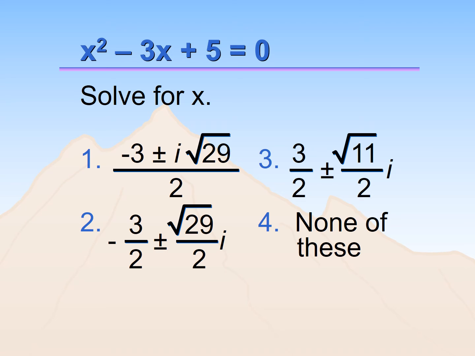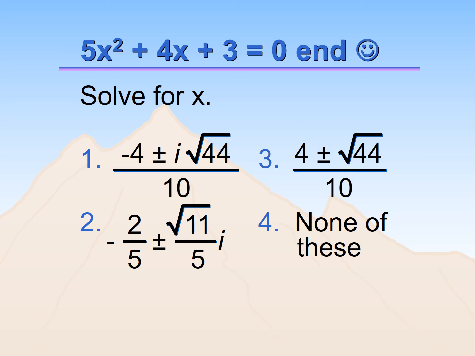So we'll get x equals 3 over 2 plus or minus the square root of negative 11 over 2. And then remember, the square root of negative 11 is the same as the square root of 11 times i. So our final answer should be 3 over 2 plus or minus the square root of 11 i over 2, which is option number 3.